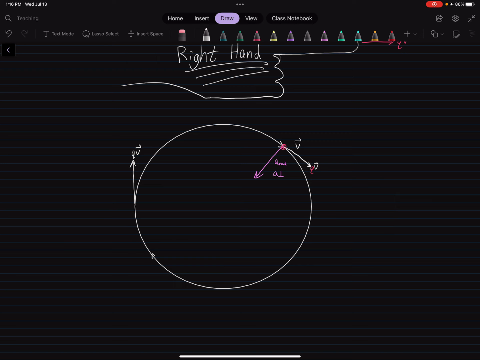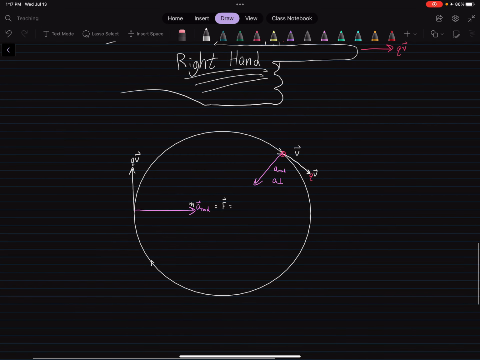And what we want is for there to be some acceleration radially inward, a rad, right? And m times a rad is equal to F, whatever the force. And our force, we're saying, is only the magnetic force. So qv cross B, right?